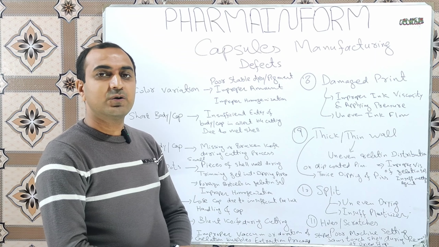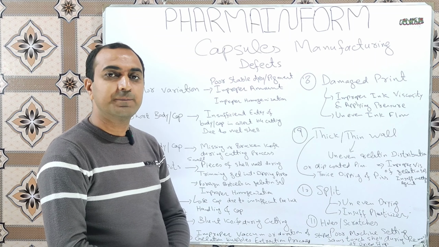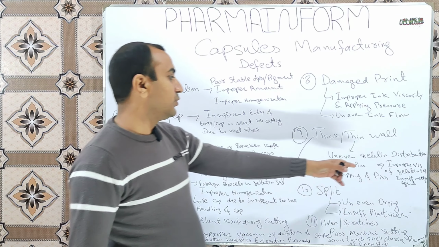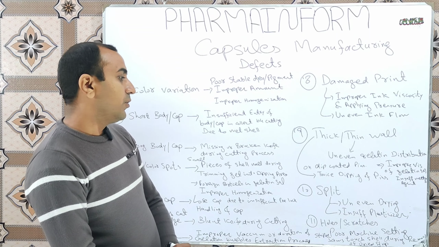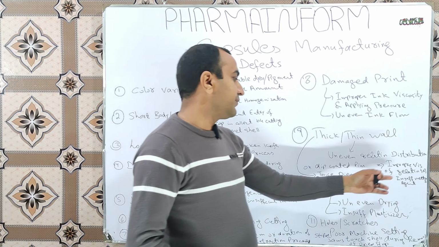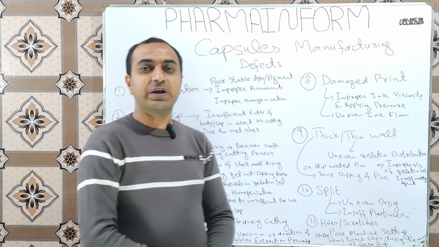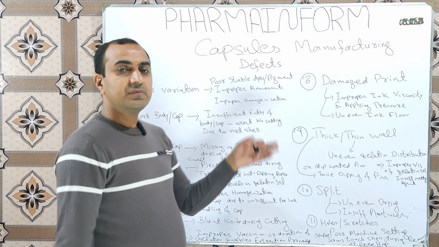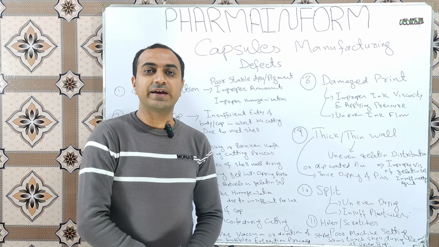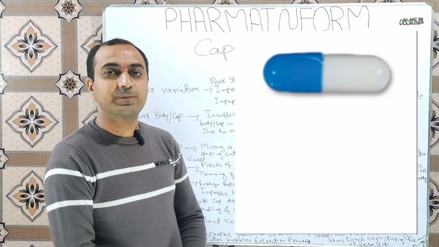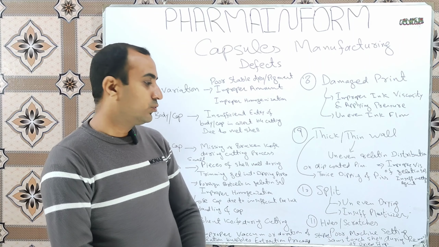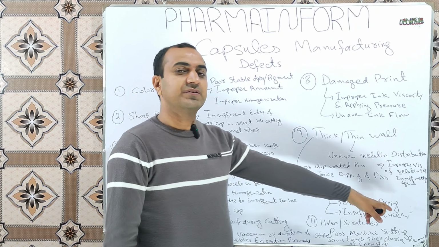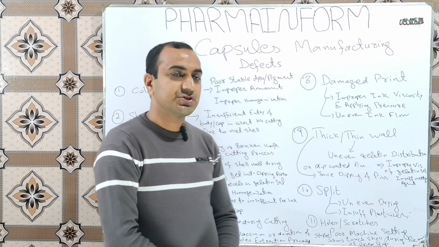Thick wall shells are due to the double dipping of the dipping pins, or due to improper viscosity of the gelatin solution, or it may be due to insufficient wetting agent in our formulation. The next one is a split. As you can see in the diagram, the split is due to the uneven drying process or due to the insufficient presence of plasticizer in our formulation.